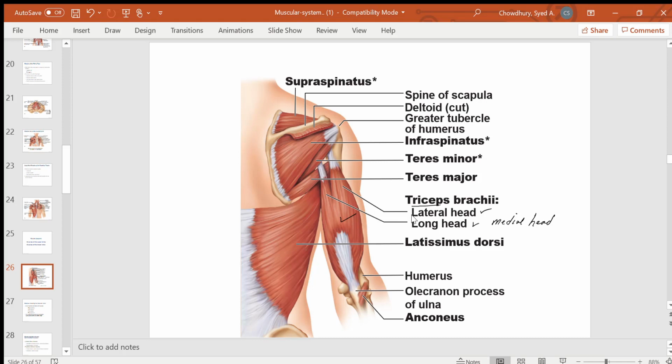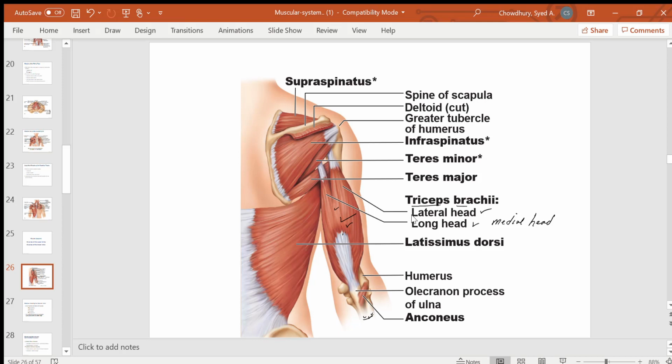It is called brachii because arm is the brachial part, so most of the muscles of your arm have brachii in their name. So triceps brachii is the main muscle in the back of the arm, and since it is in the arm, it will work on the bone below it, right? So which bones are below it? The radius and ulna. That means your forearm.